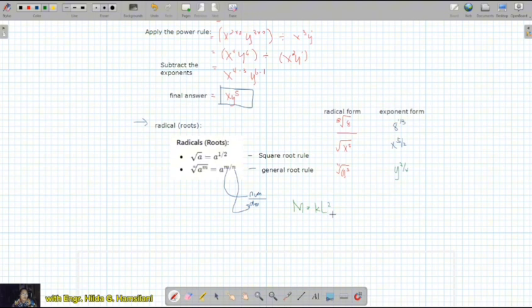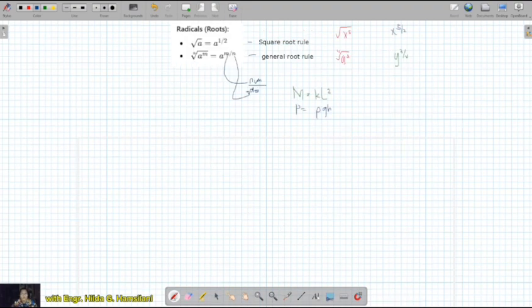So this is the formula for moment. You also have P equals ρgh. So this is the formula for pressure proportional to depth. So understanding how exponents behave ensures you compute dimensions and forces accurately.